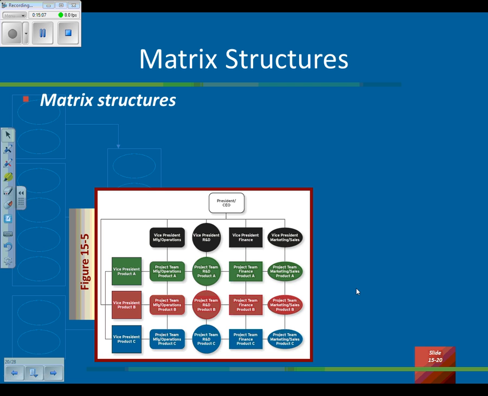And it typically gives an employee two chains of command, two groups with which to interact, and two sources of information to consider.